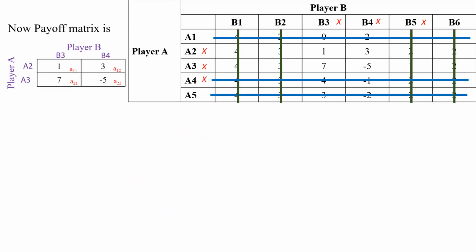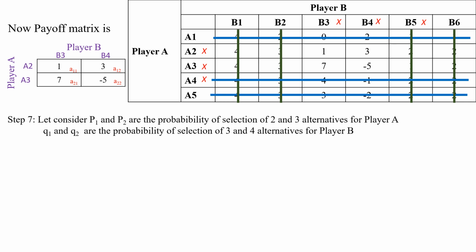Now the payoff matrix is a 2 by 2 matrix, that is, player A has 2 strategies, second and third. Similarly, player B also has 2 strategies, that is, the 3rd and 4th.